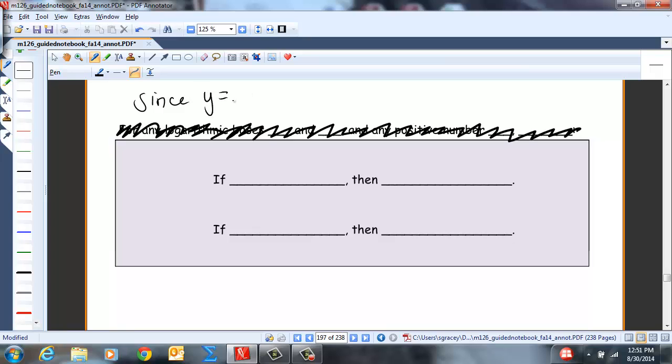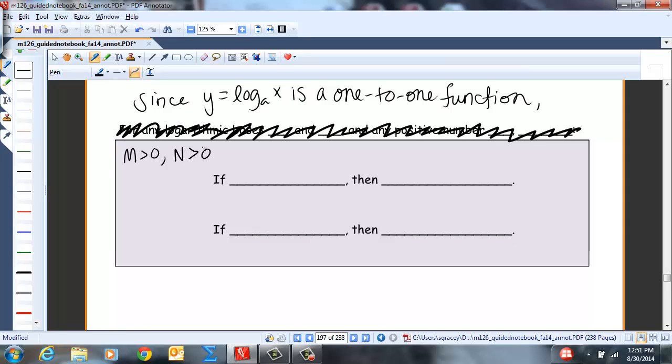y equal to log base a of x is a one-to-one function, and if, of course, m is greater than 0, n is greater than 0, a is greater than 0, a is not equal to 1.